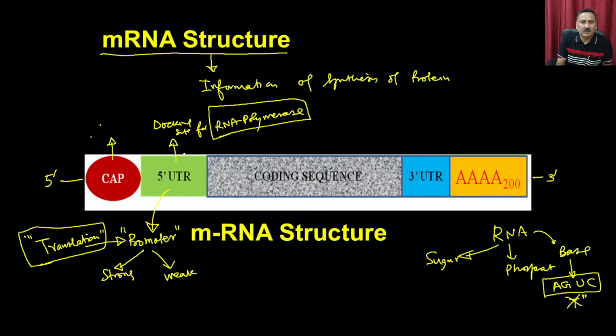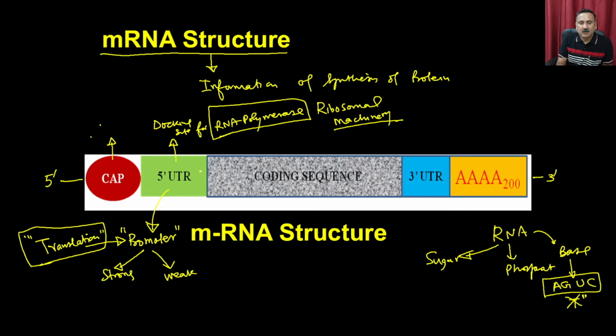It provides the docking site for protein synthesis, so it provides a docking site for the ribosomal machinery. And this is going to be a promoter, either strong or weak, providing the docking site for the translational machinery.